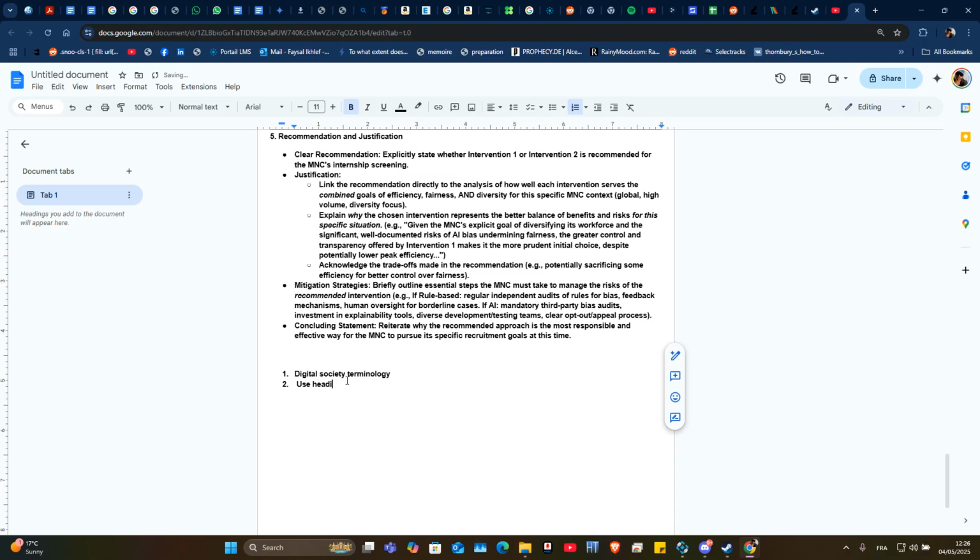Two, use headings. Three, don't forget the at least two concepts, and define how your content works. If it is AI, for example, what is it?